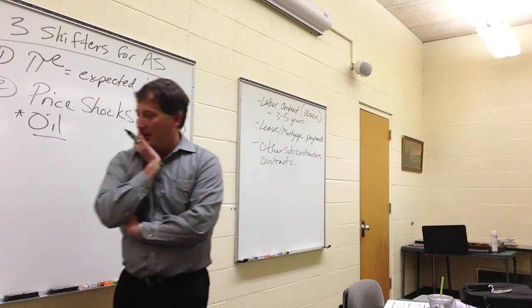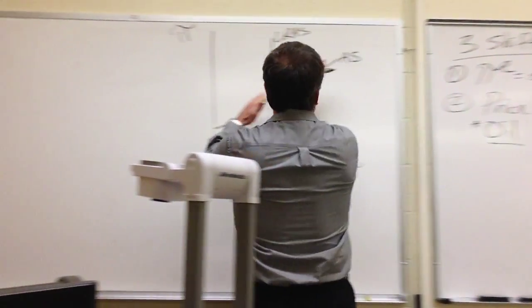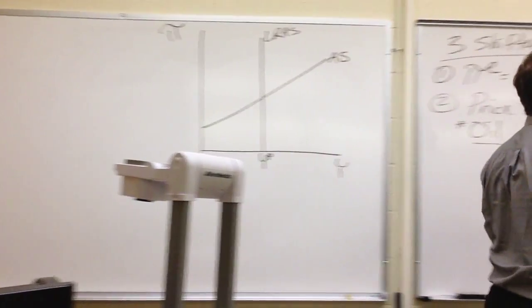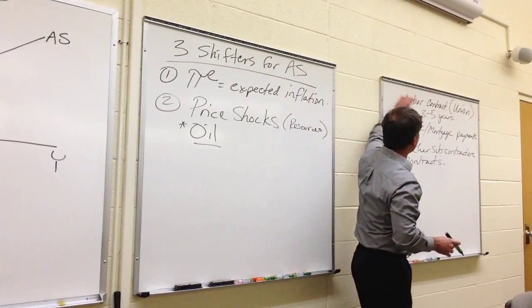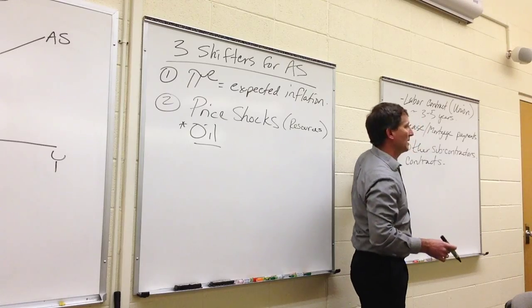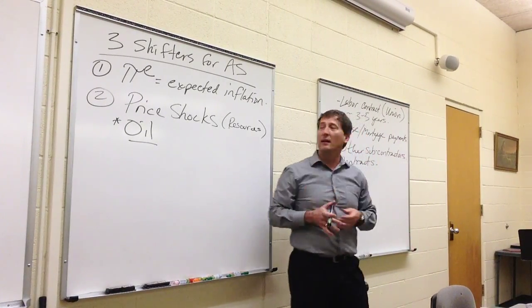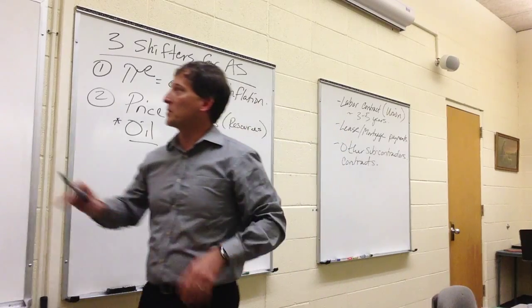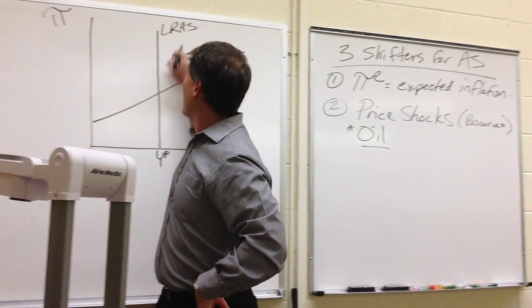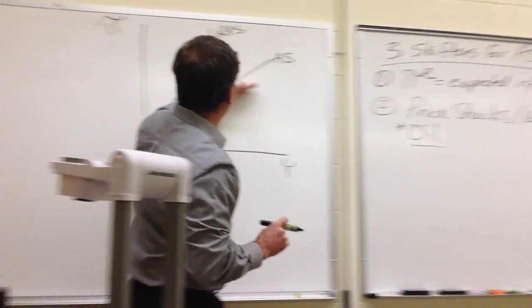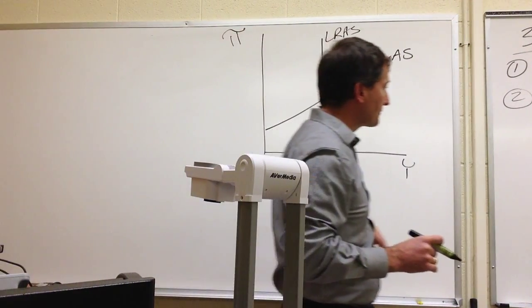And so as oil prices go up and kind of shock the system, labor might be the same, our lease payment might be the same, some other things might be the same, but all of a sudden oil prices go up, and it's an increase in the price of resources, and so that's going to be one of our things that'll move this thing upward.